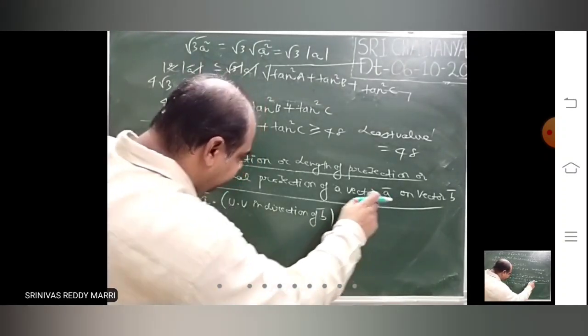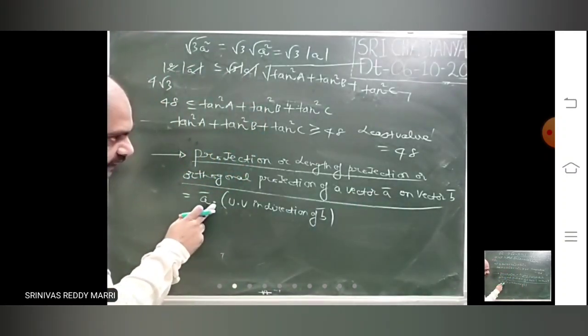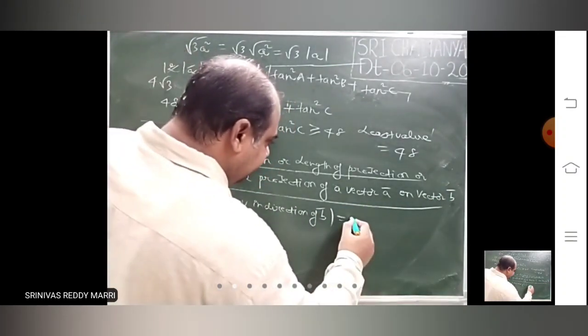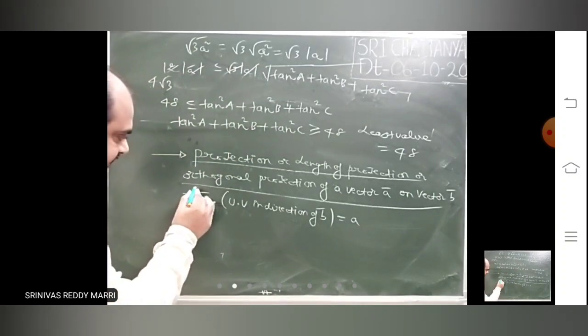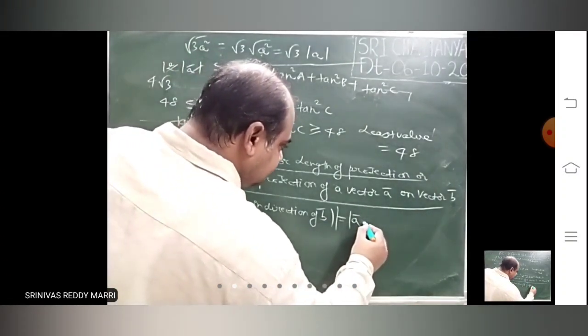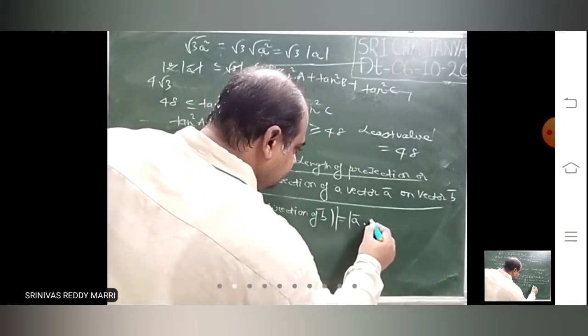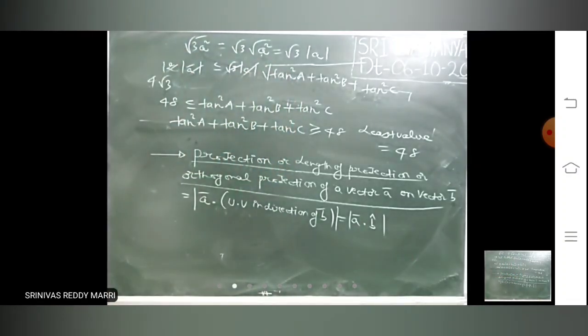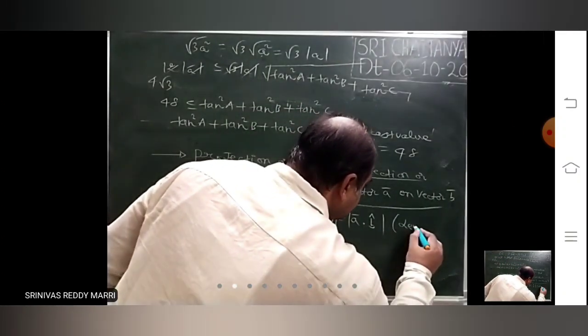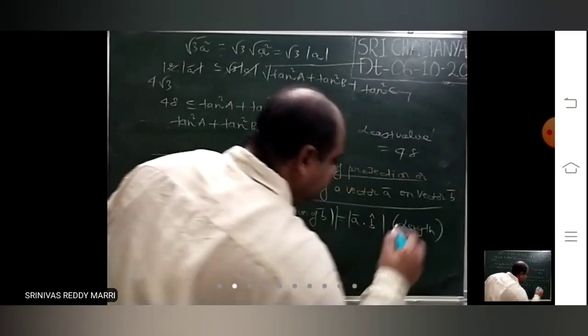First vector dot unit vector along b bar, and the length is modulus of a bar dot b cap. This is length, that's why modulus is written.